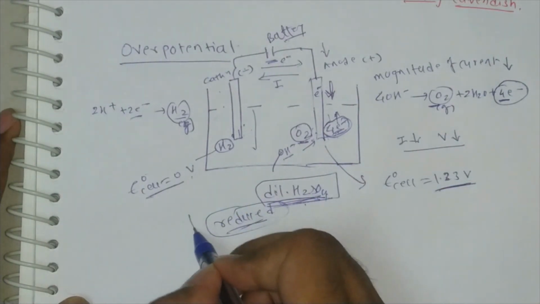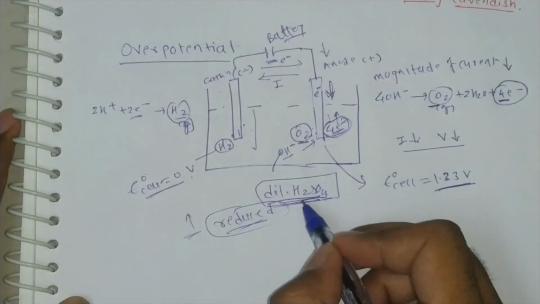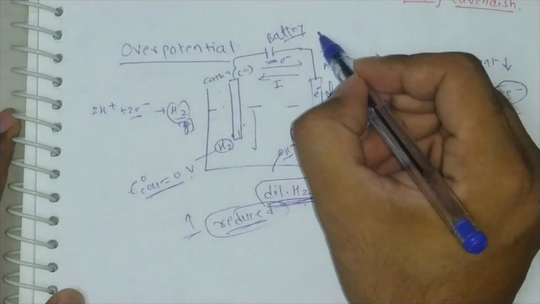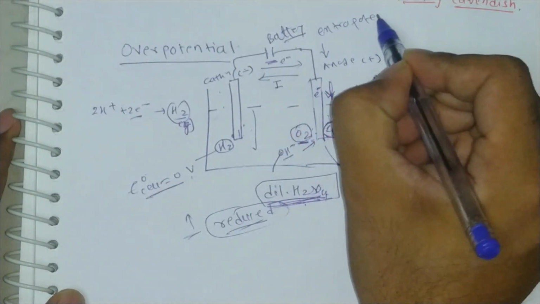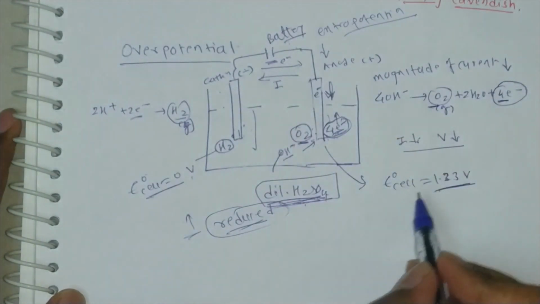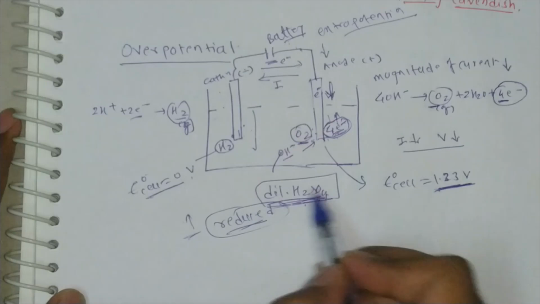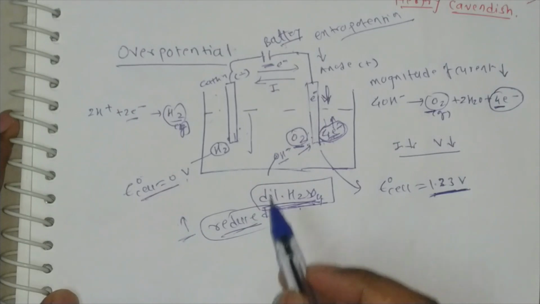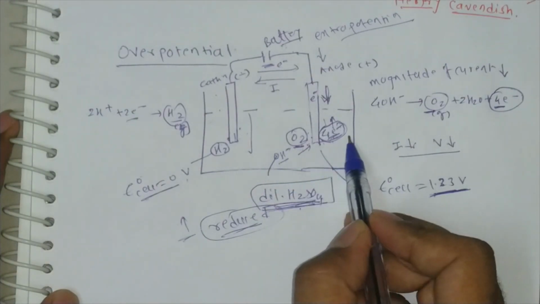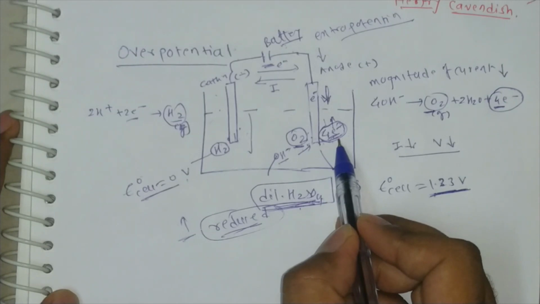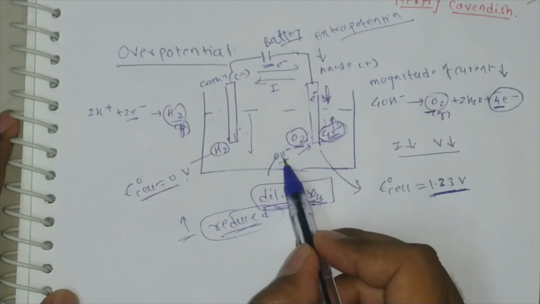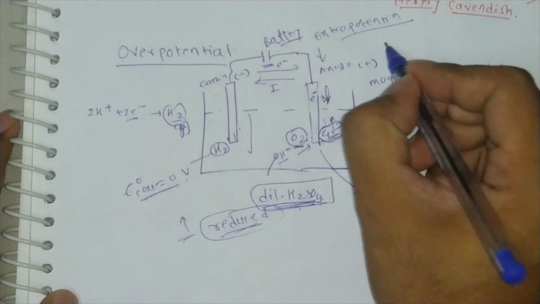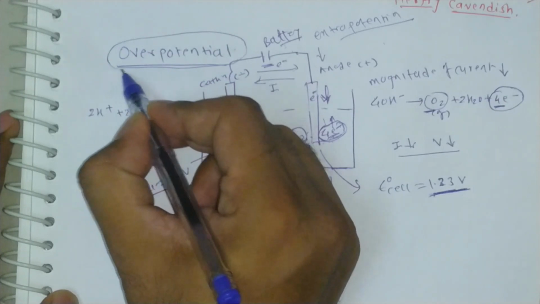To increase this rate of formation of O2 and electrolysis of dilute H2SO4, we need to supply extra potential, because the 1.23 volt we are supplying is not sufficient now. Initially it was sufficient because no oxygen had been formed and there was no generation of electrons. Now since oxygen is formed and electrons are generated, we need to supply extra potential, and that extra potential is nothing but the overpotential. This is called the overpotential.